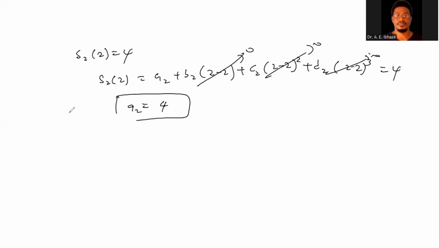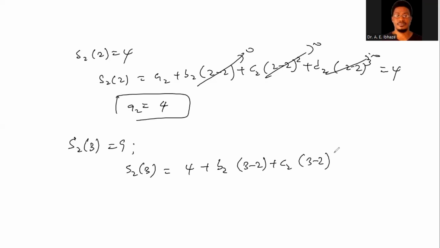And then the next condition is for S2 of 3, which is 9, so that S2 of 3 will now be the same as 4 plus B2 into 3 minus 2, plus C2 into 3 minus 2 squared, plus D2 into 3 minus 2 cubed.